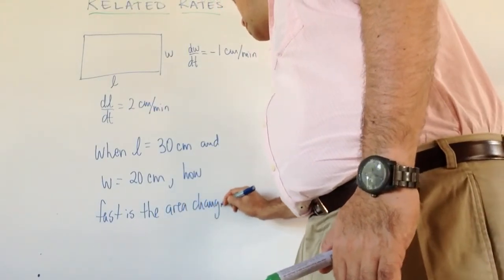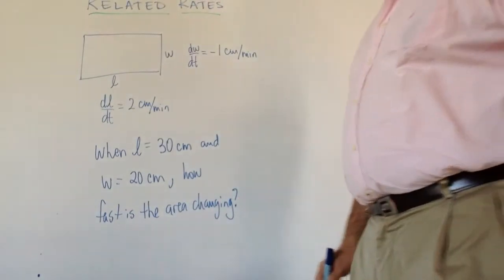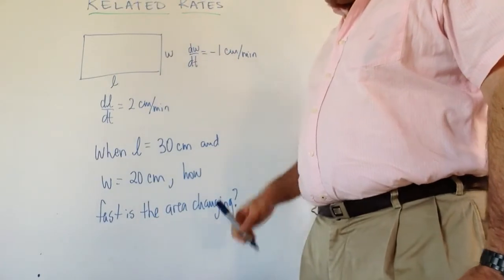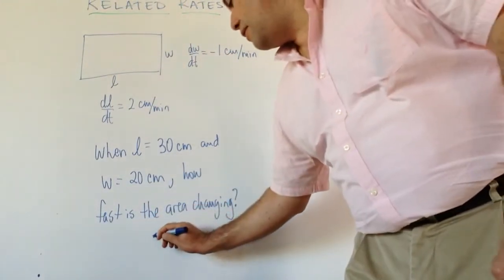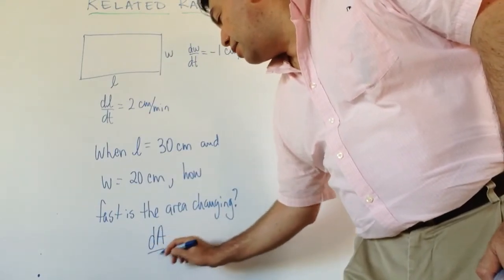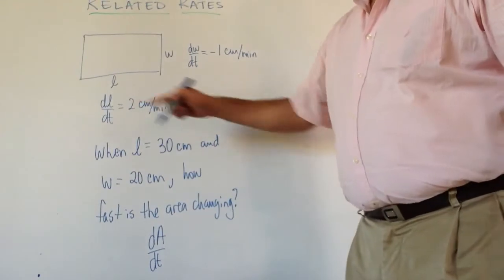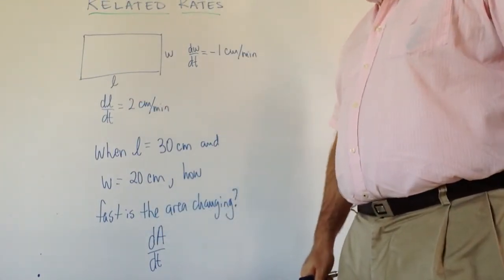Okay, so we need an equation. We have two rates, and we're being asked for the rate of change of the area. This is dA/dt. We have dL/dt, we have dW/dt, we want dA/dt.